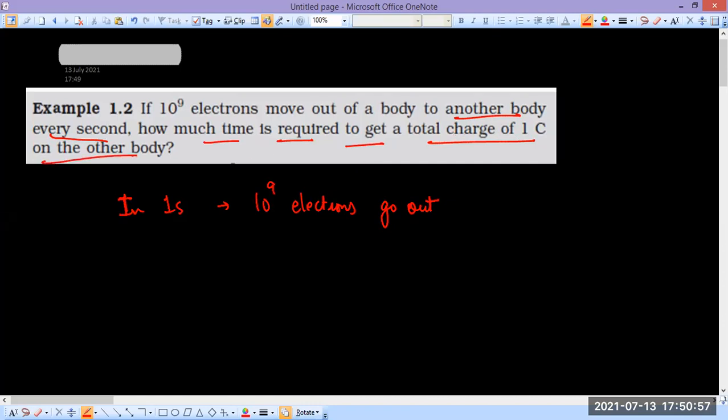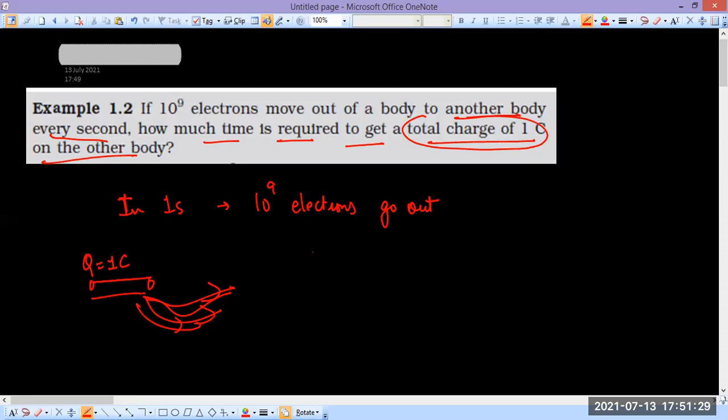So first of all, we will understand the question is that suppose this is some body and electrons are leaving from this body. Then gradually charge stored or charge developed will increase and ultimately this charge will become 1 coulomb. I'm writing capital Q this time. Clear? Ultimately the charge will become 1 coulomb. So how much time will it take? That's what we have to find.